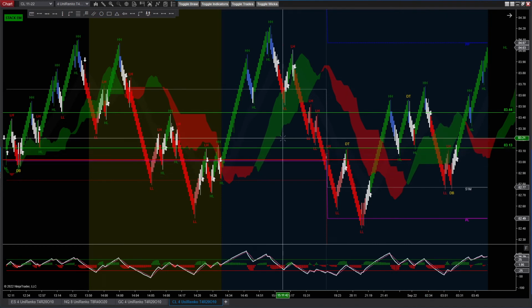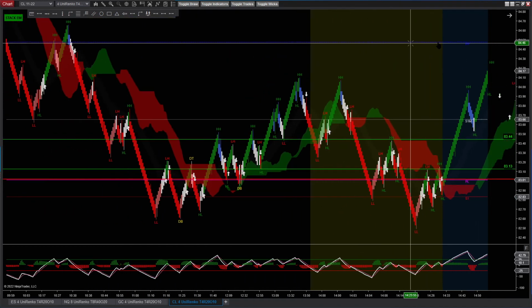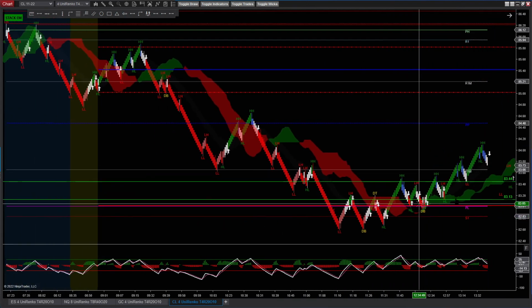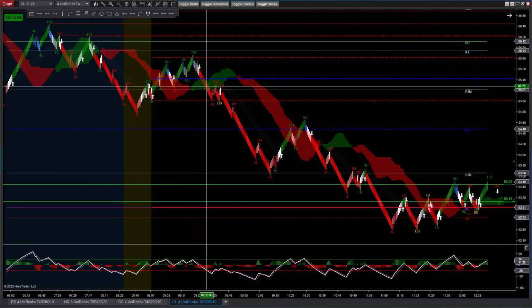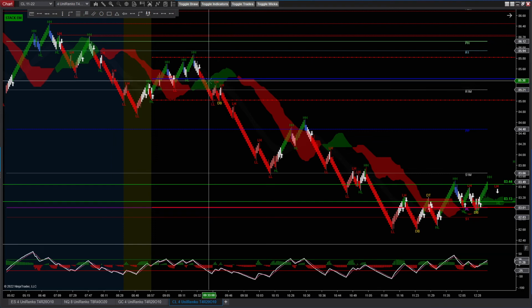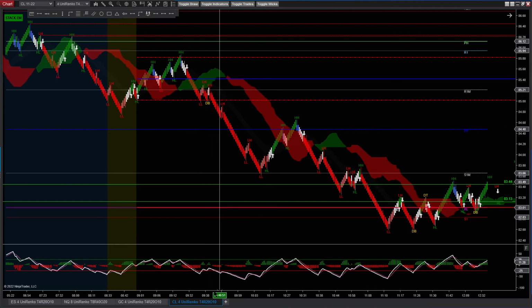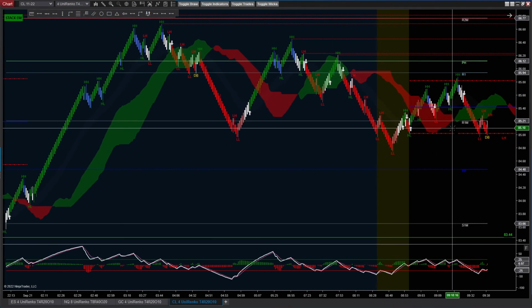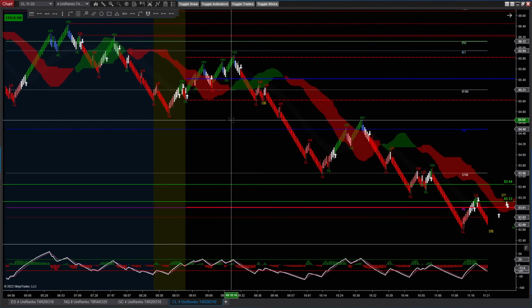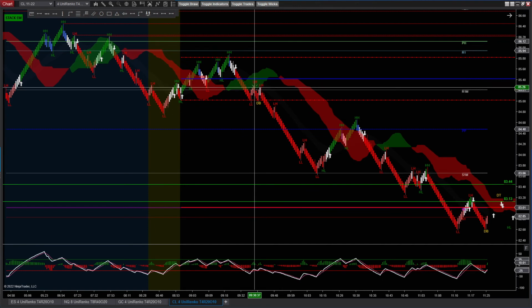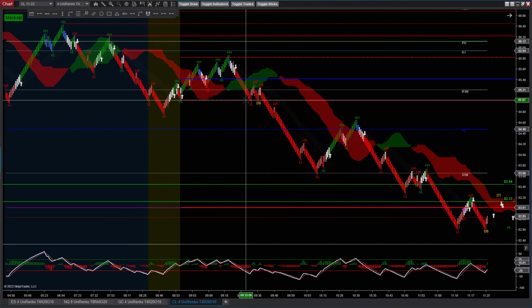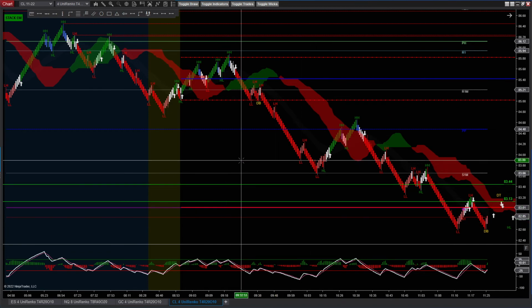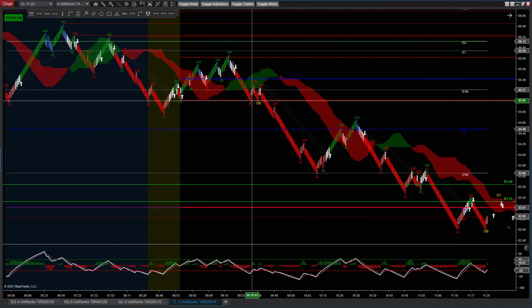There's a week out of the cloud there in the right here. There's a week out of the cloud opening on, what date is this? September 21st. There's a week out of the cloud right there, but very close to the opening range right there.